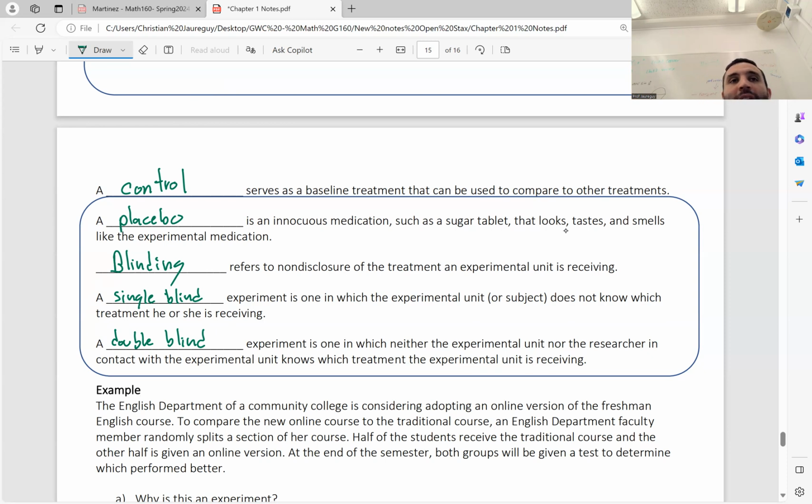But if you're offered a couple million dollars if your drug works, you might be a little shady. You never know how you act until that bag's on the table. So something to think about. So pretty important stuff. When reading something in real life, things should always be double blinded if they can. It's not always possible.